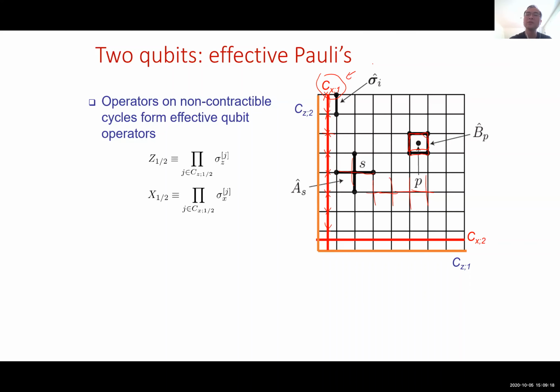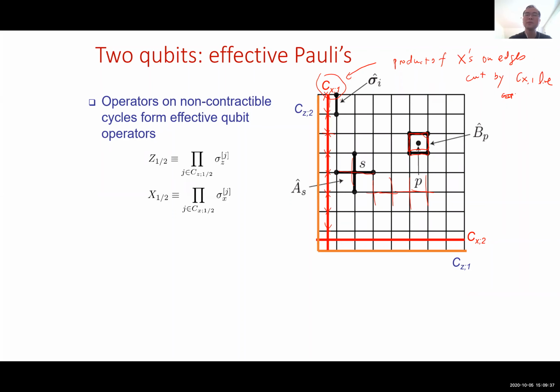Let me just say: product of X on edges cut by the CX1 curve line.